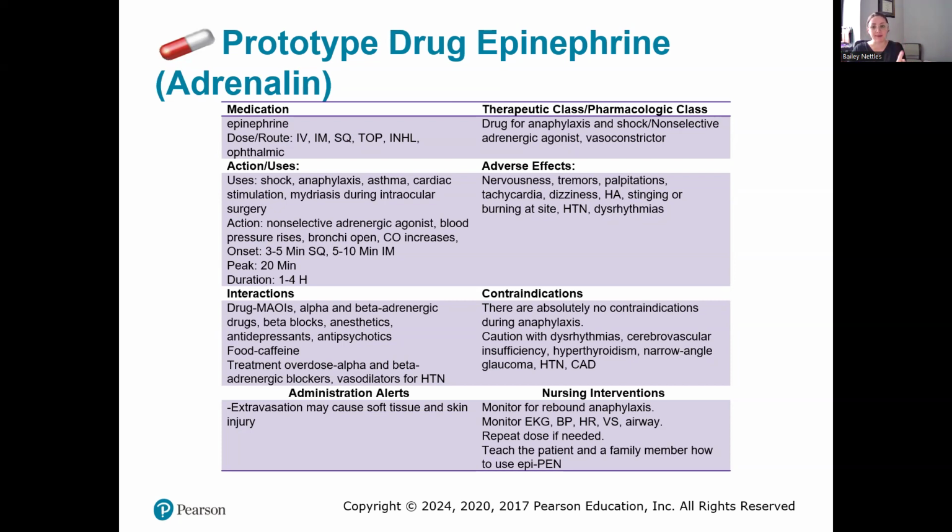Drugs we want to avoid: MAOIs, alpha and beta adrenergics, beta blockers, anesthetics, antidepressants, antipsychotics. Okay. I know all these drugs say avoid. MAOIs, I think are real, but if you have an allergic reaction, they're probably just going to give you epi.